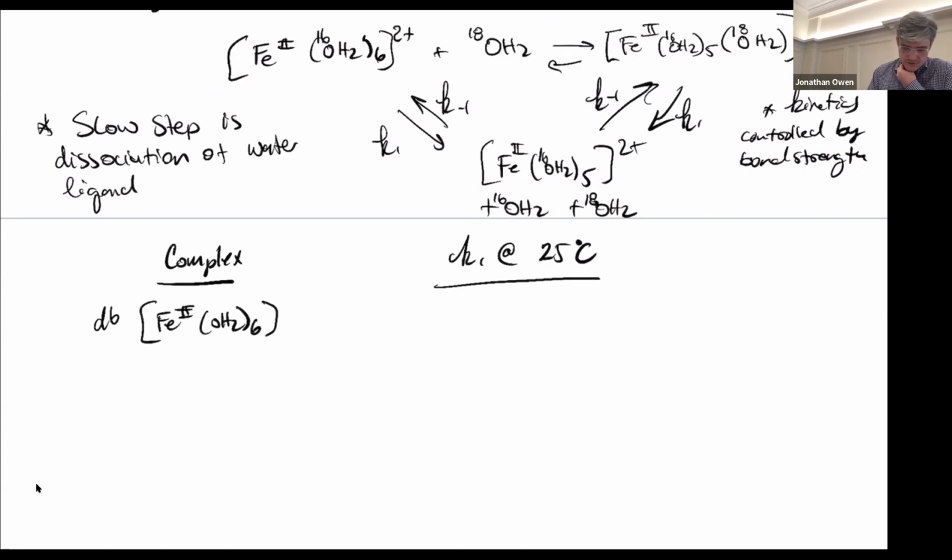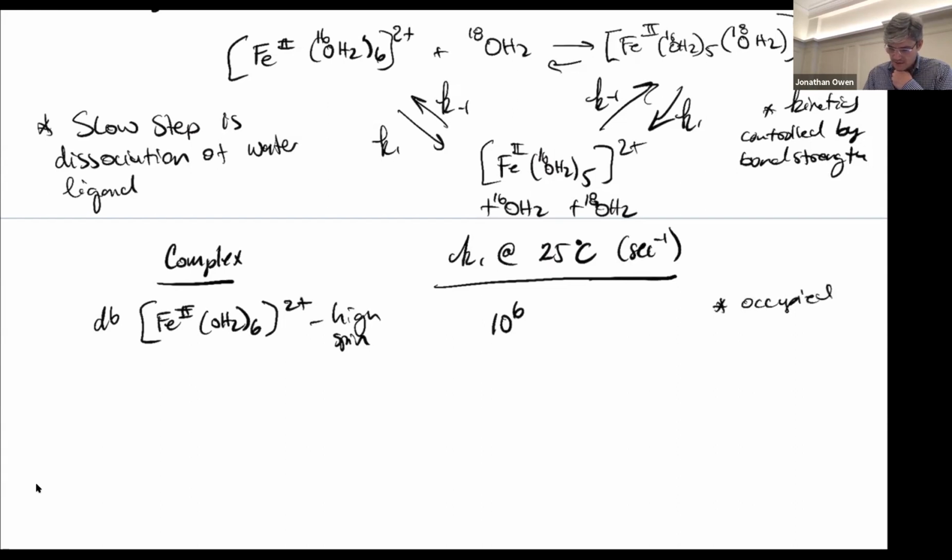So say you have iron 2, D6, this guy is high spin. And it has a 10 to the 6th per second exchange rate constant, 1,000,000 times per second. That's really fast. And the reason is that it's high spin.